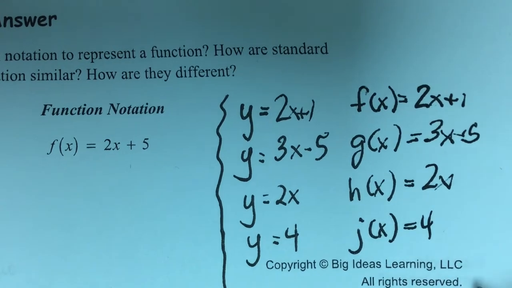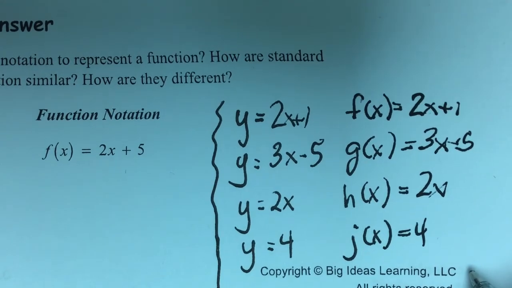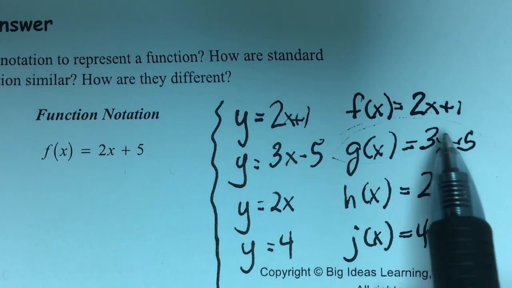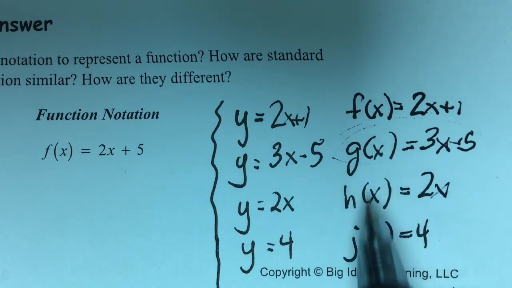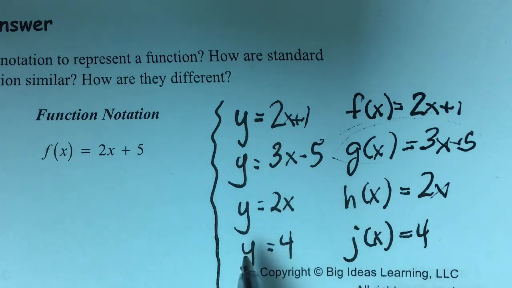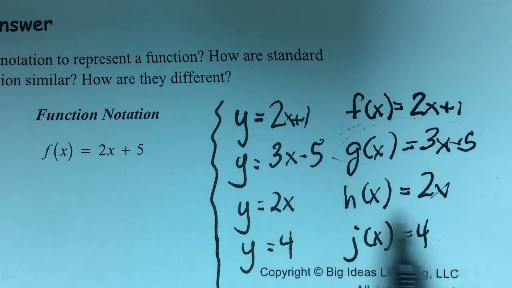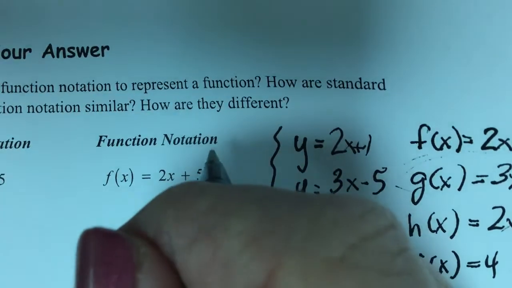So now if I ask you to use a function that started with g of x, then you would know to use this one because it starts with g of x. So it's just a fancy way to write y so that we could represent different problems and make them look different besides the expression that's on the right. So that's how you can use it to represent.